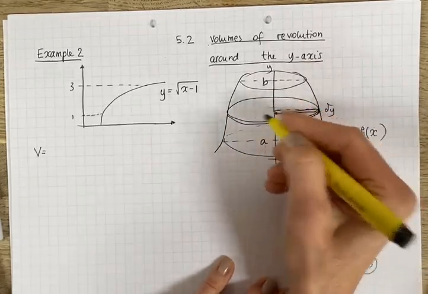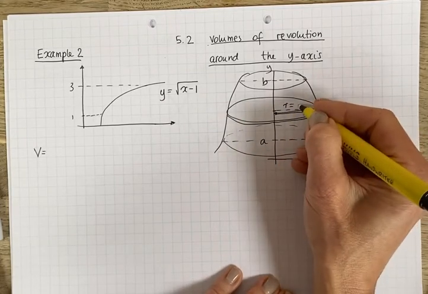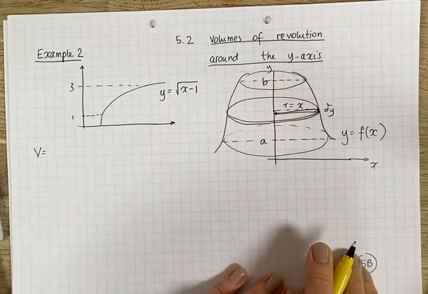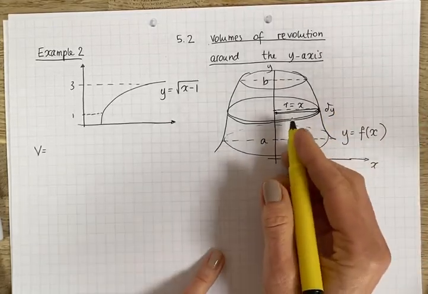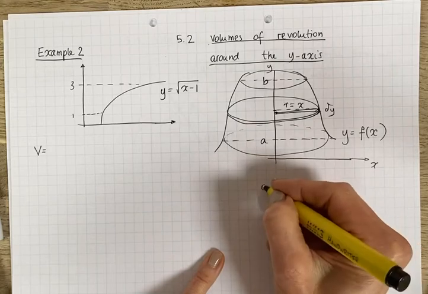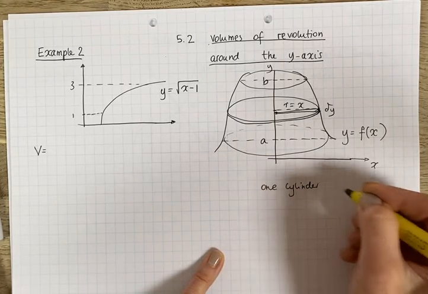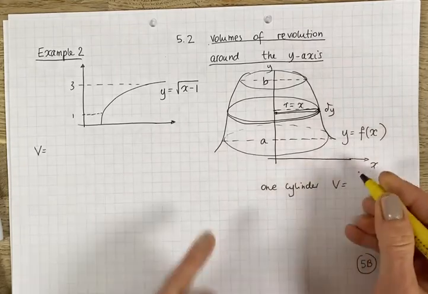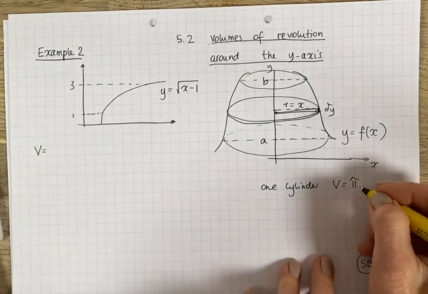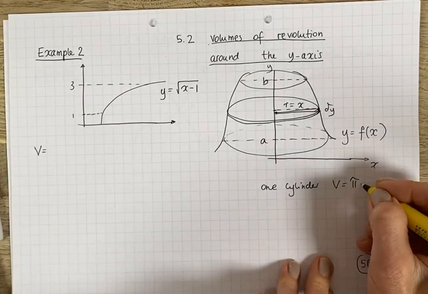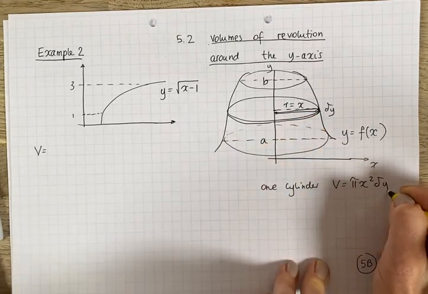If you could slice it up in cross section, well, the radius here is going to be the x coordinate of that point. Okay, so thinking about one tiny cylinder, it will have the volume of pi r squared, the cross section being a circle, which happens to be our x squared, multiplied by delta y.